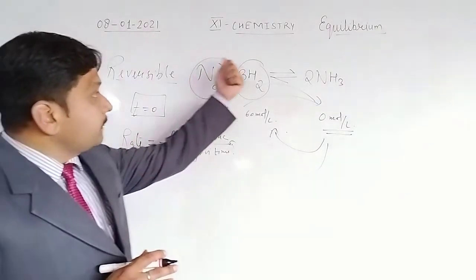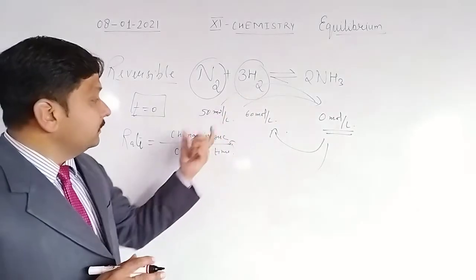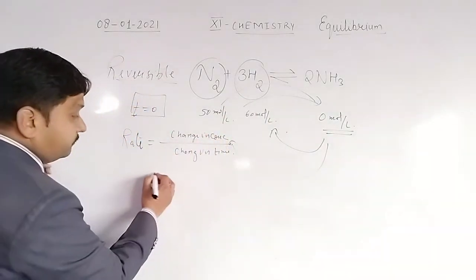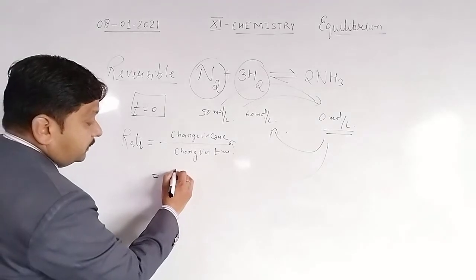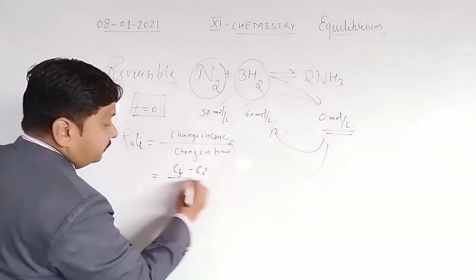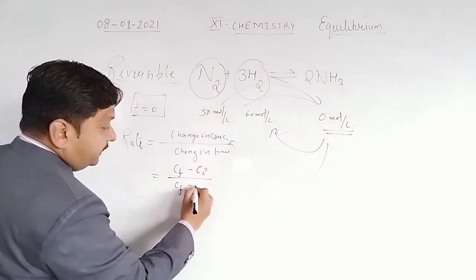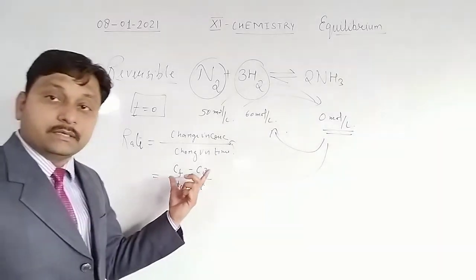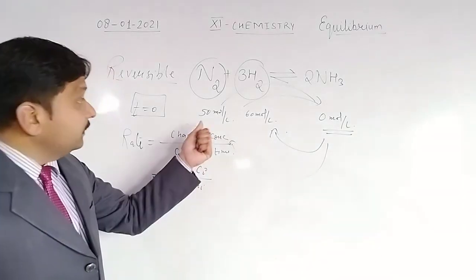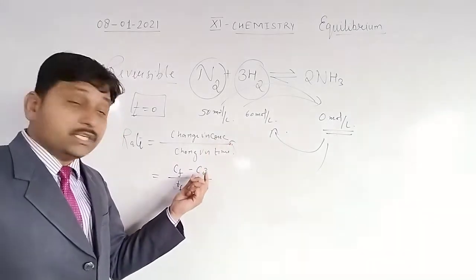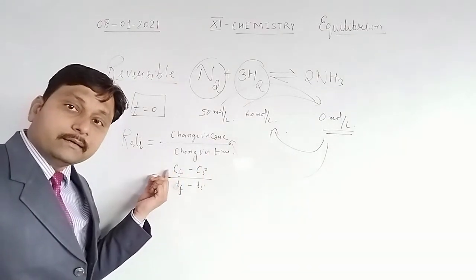See here, these two are the reactants. If we talk about the change in concentration, change in concentration means final concentration minus initial concentration over final time minus initial time. That is the change. We very well know that the final concentration of the reactant will be low and the initial concentration of the reactant will be high. Clear?